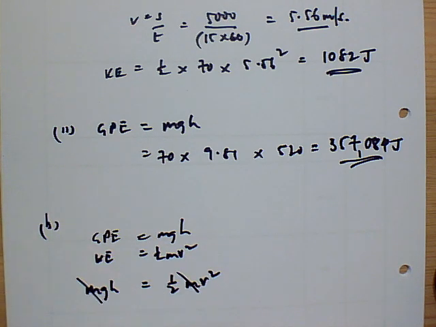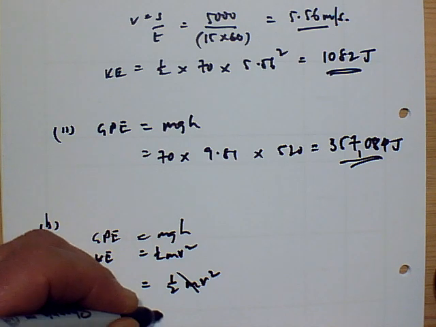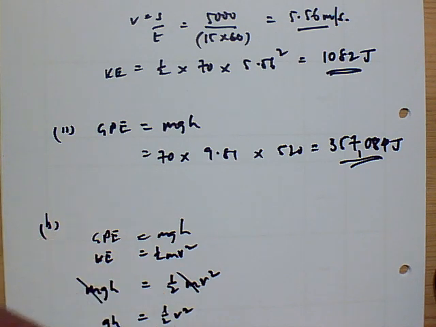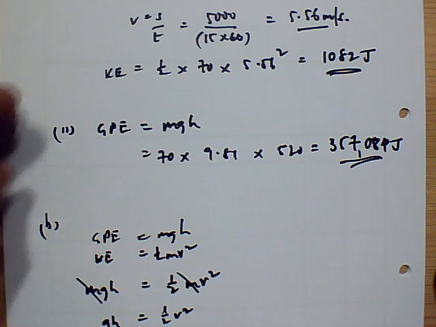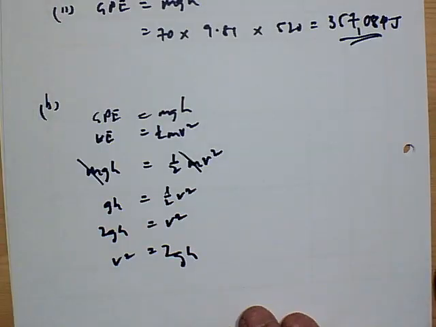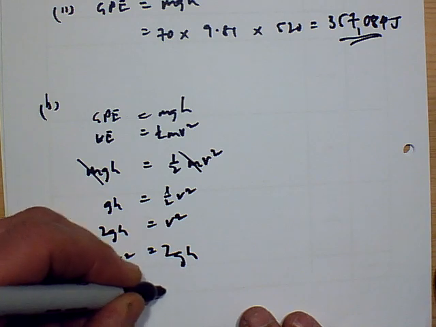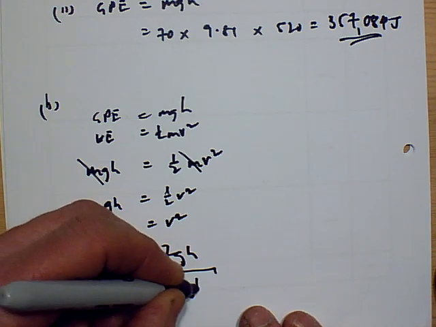The m's can cancel, and therefore we get gh equals half v squared, multiply that by 2, 2gh equals v squared. Put v squared on this side, v squared equals 2gh, and then take the square root, v equals root 2gh.